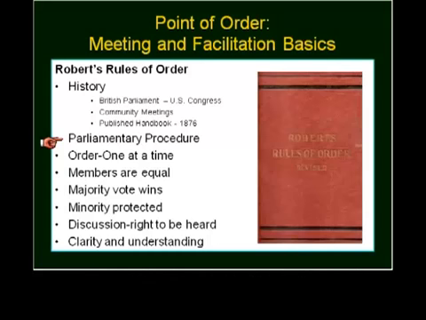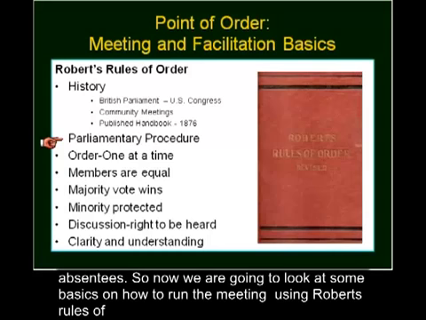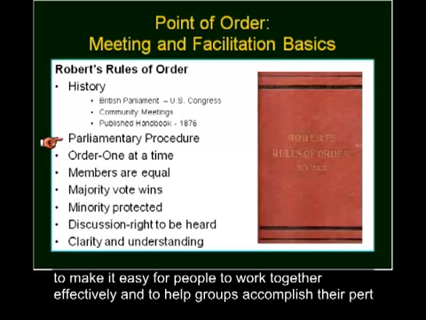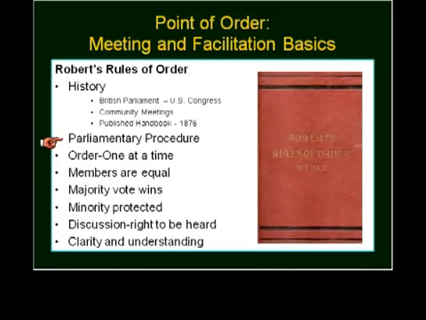So now we're going to look at some basics on how to run a meeting using Robert's Rules of Order. The purpose of parliamentary procedure is to make it easy for people to work together effectively and to help groups accomplish their purposes. Rules of procedure should assist a meeting, not inhibit it.